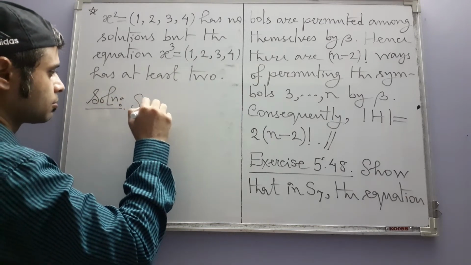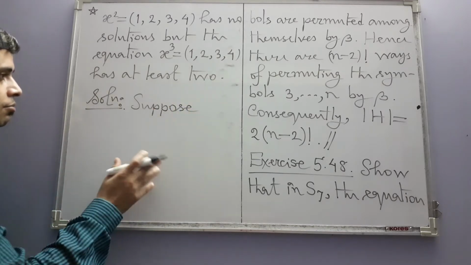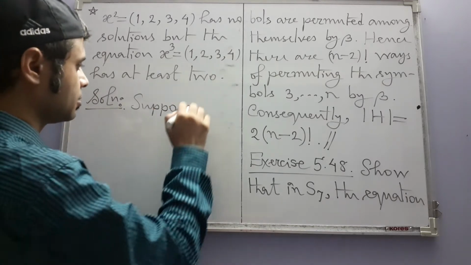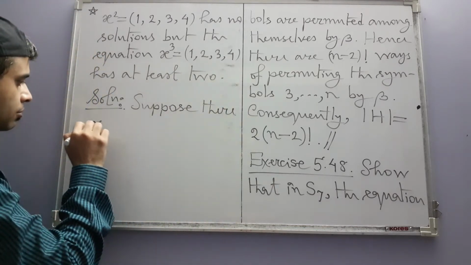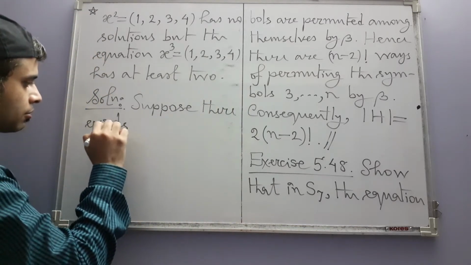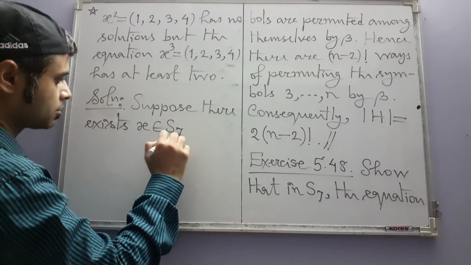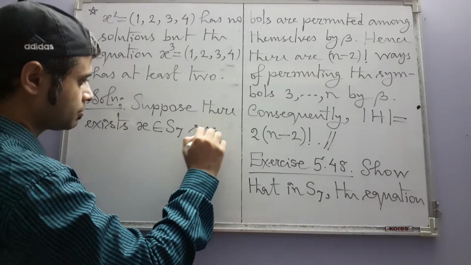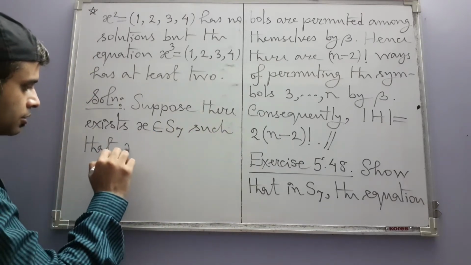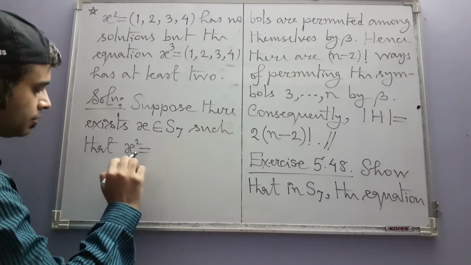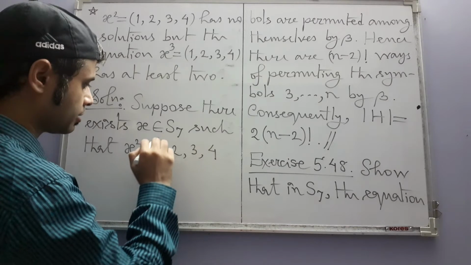Suppose, so we are supposing something and we will derive a contradiction, suppose there exists some x in S7 such that its square is this 4 cycle.